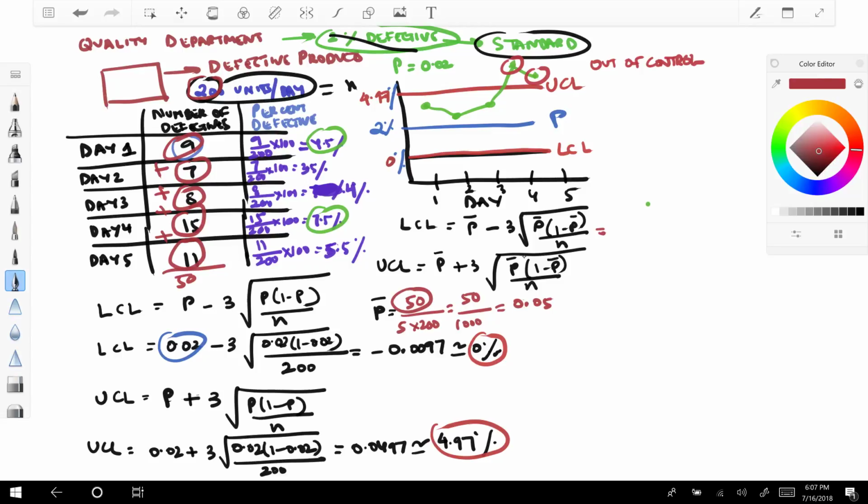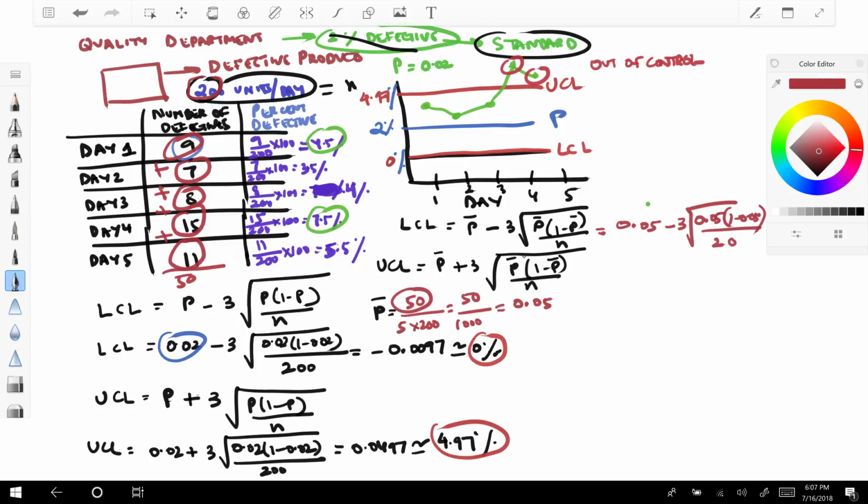So P bar would be 0.05 minus 3 square root of 0.05 1 minus 0.05 divided by n is 200.